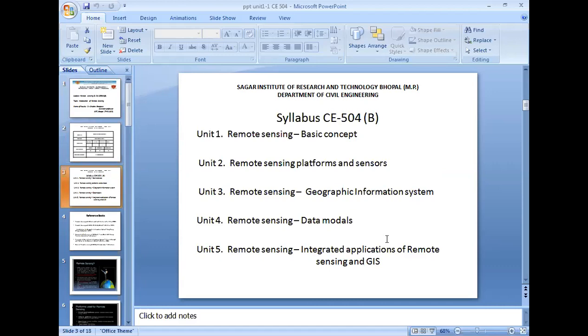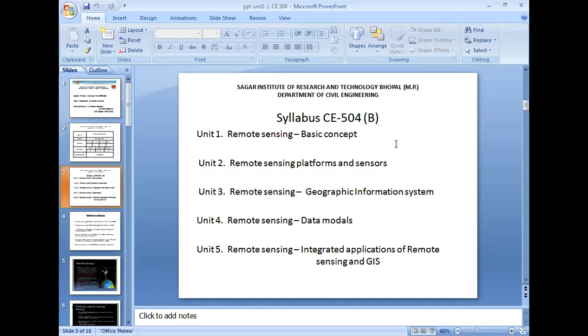There is very preliminary remote sensing basics you have learned, and after that in the fourth semester in geology you have learned some basic principles and their applications, advantages and disadvantages, as well as some limitations. And in case of GIS, you have also learned the basic functioning of GIS, as well as visual interpretation. In this, we have discussed in the fourth unit.